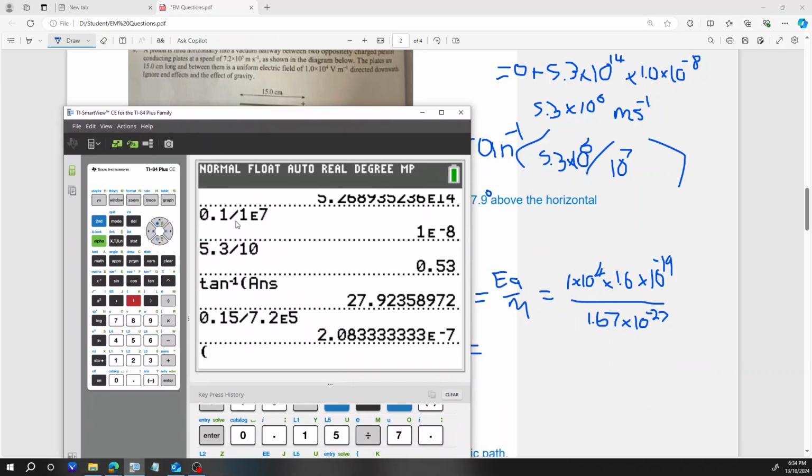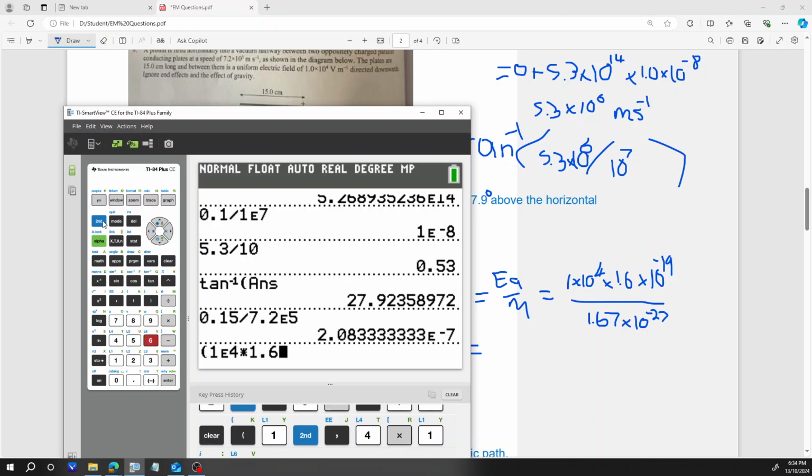Okay, so bracket, 1E4, divided by. Now this only works for them using this particular scientific notation method.